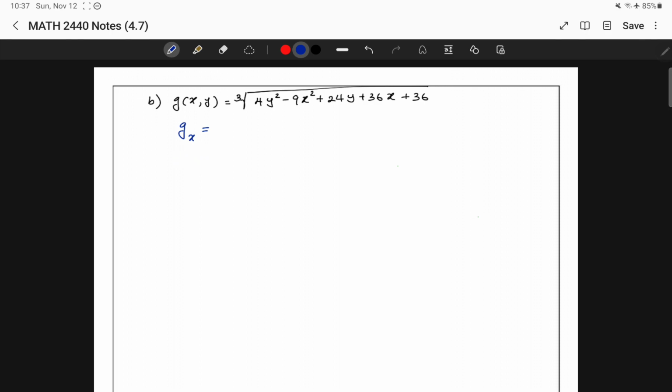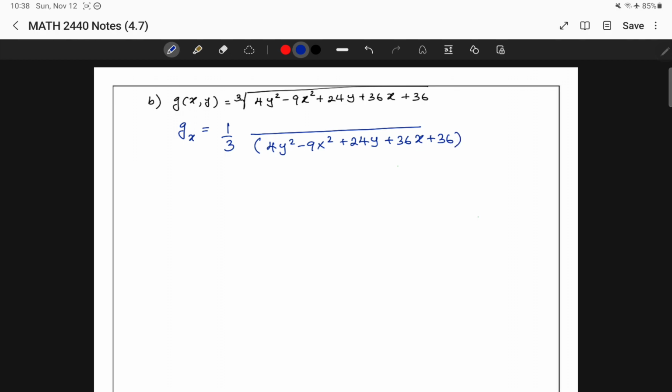Okay, so with respect to x, you will have to use the chain rule, where this is the 1/3 power. So when you find the derivative, it will be 1/3 times this whole thing, 4y squared minus 9x squared plus 24y plus 36x plus 36, raised to the power.